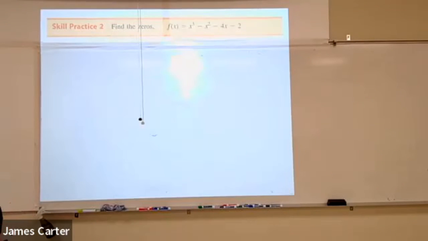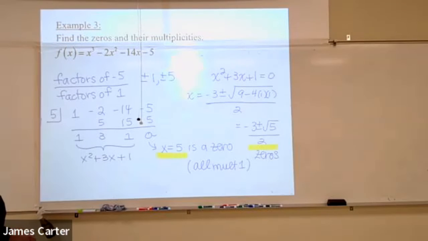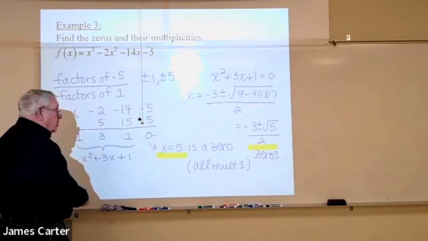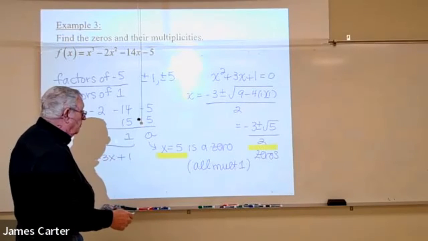Let's go back to that. So in this case, we got 5 here, and then we got this business. So what do our solutions look like on this problem?